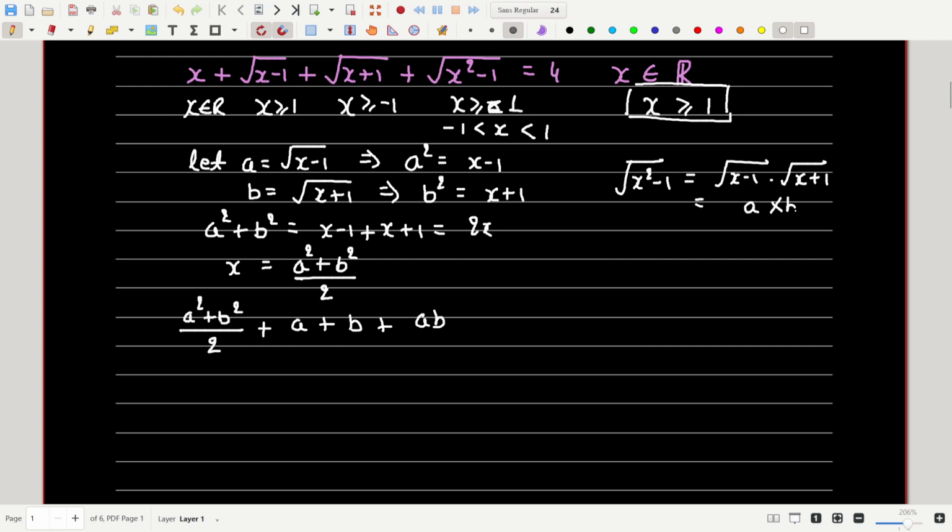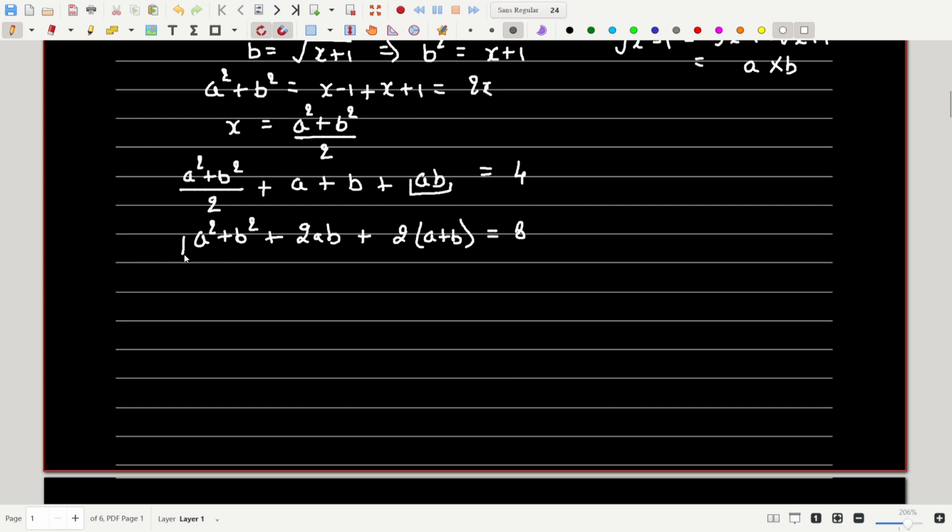So this is a, this is b, and this is equal to 4. Now multiply the left hand side and right hand side by 2, which will give me a square plus b square plus 2ab plus 2 into a plus b is equal to 8.